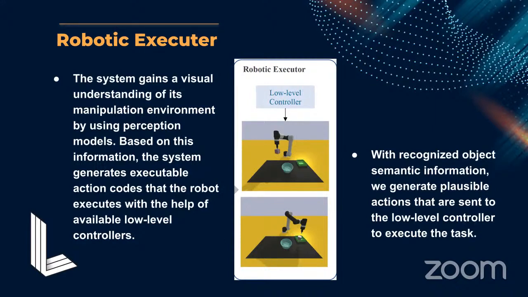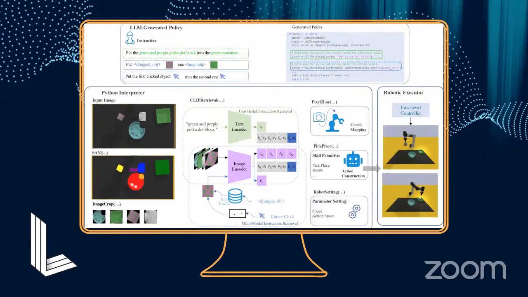Then we utilize foundation models and the cache to retrieve any image crops. The final stage is to use the robotic executor, which has low-level controllers, to execute the task. Can we go to the next slide?